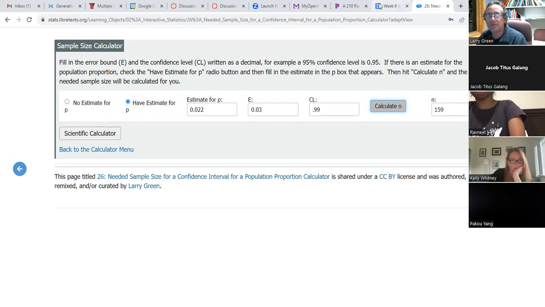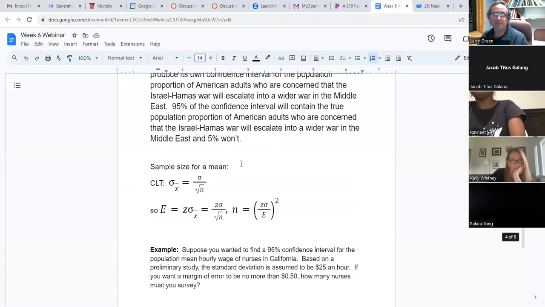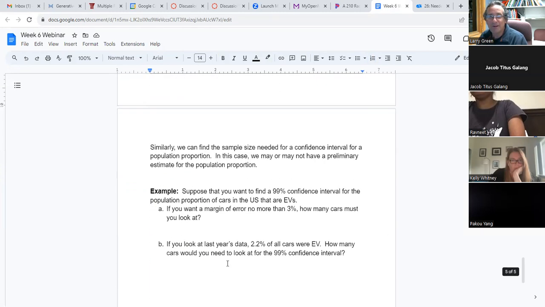Any questions? So things you have to decide on: one, is it a mean, like hourly wages? Or is it a proportion, like, is it an EV? If you decide wrong, you're going to get the wrong answer. So you have to think about what data you are collecting.